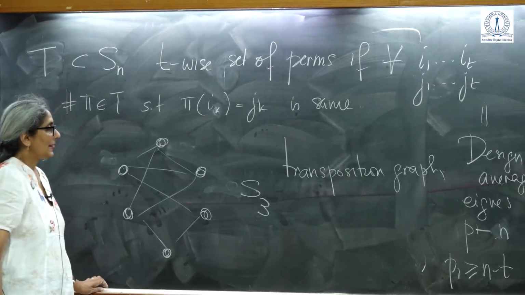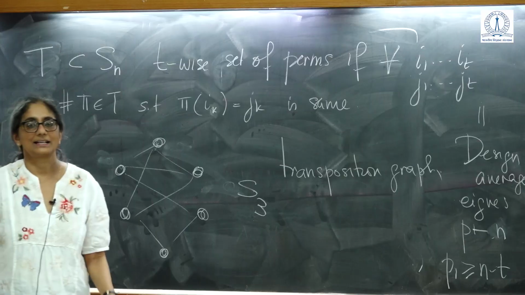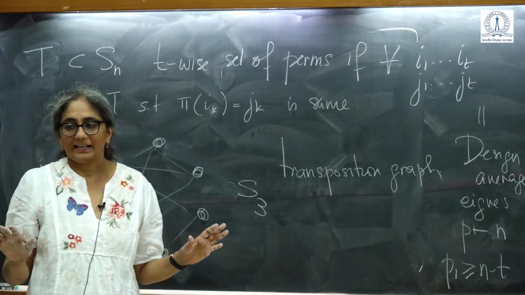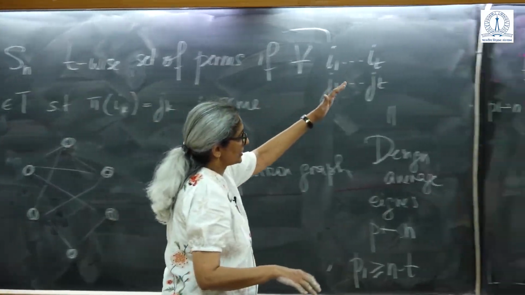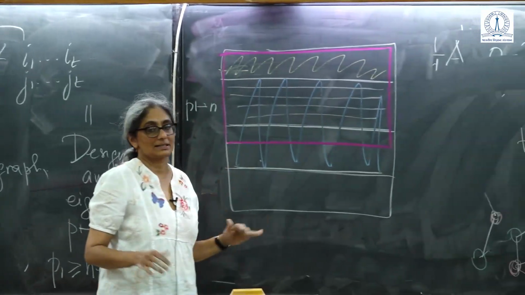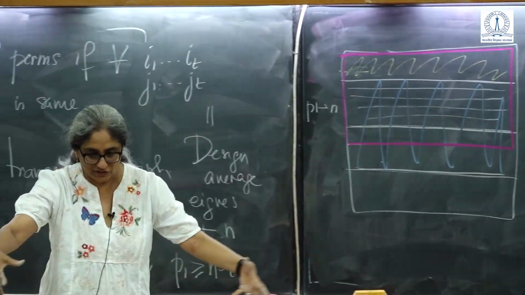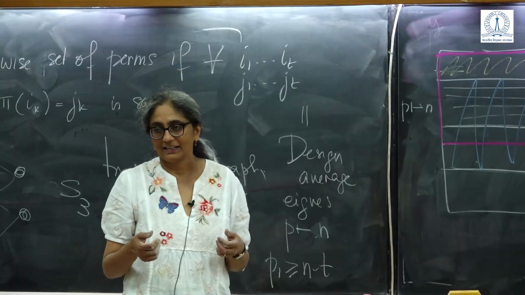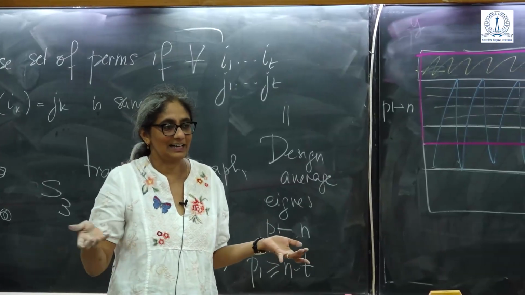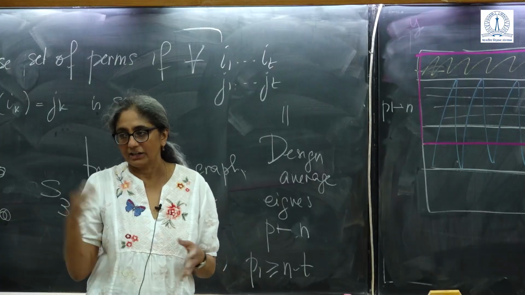Yes, exactly. I think there are many nice questions about Sn for those who like combinatorics. If you go in Laplacian order, if I want to average the first T eigenspaces in Laplacian order, you'll get a bunch of permutations as the answer. What are they? Do they have some nice structure? They're not T-wise.